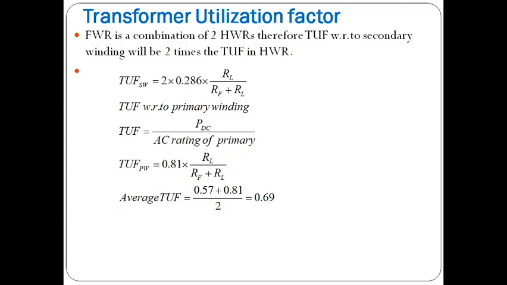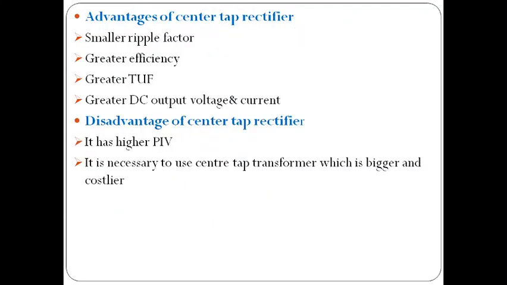It is 0.57. For the primary winding it is 0.81 into RL by (RF plus RL). So the average TUF can be calculated as (secondary winding plus primary winding) by 2. It is 0.69.